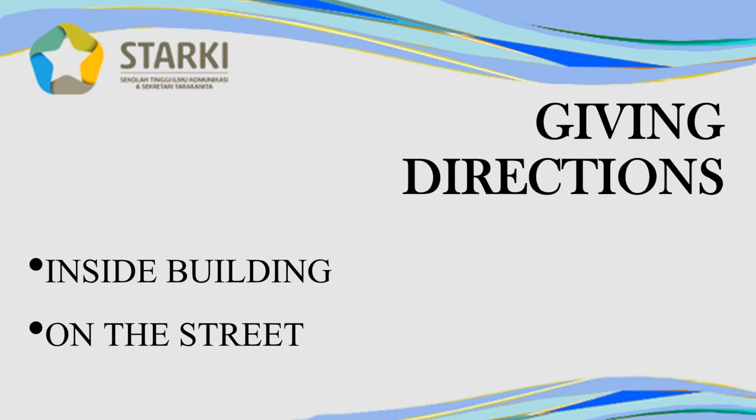Now we are talking about giving directions. In giving directions, I divide the expressions into two things. The first one, giving directions inside building like the offices or in campus, for example, and giving directions on the street.